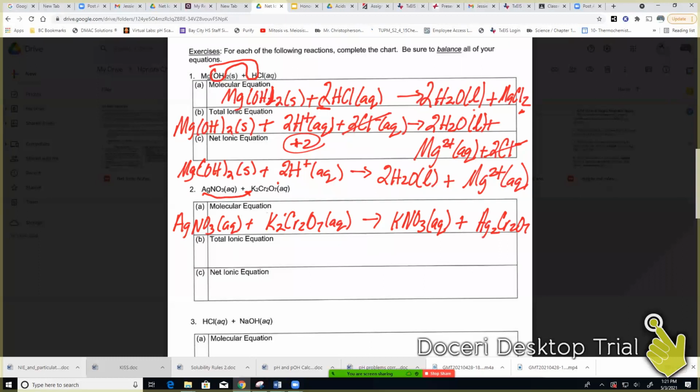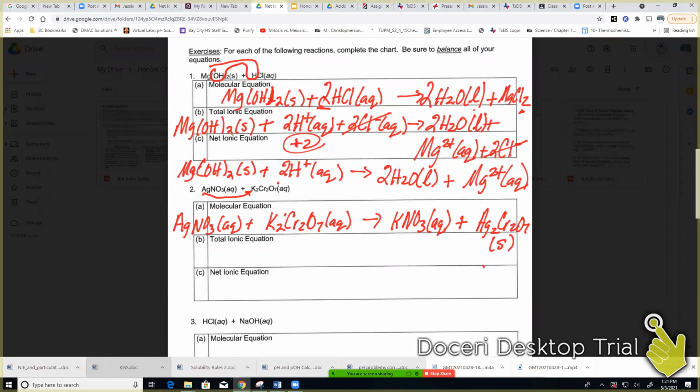If I look at my solubility rules, nothing is said about dichromate. That Cr2O7 is not mentioned in those 4 solubility rules. Silver is mentioned a couple times, but as an exception. So I'm going to go with the very last rule that says, if it doesn't come up in these rules, then we assume that it is insoluble and it'll be a solid.